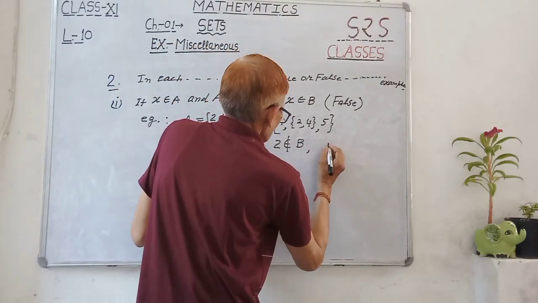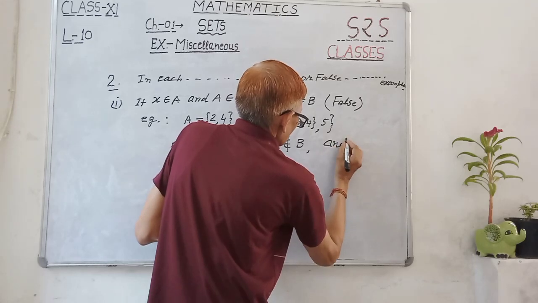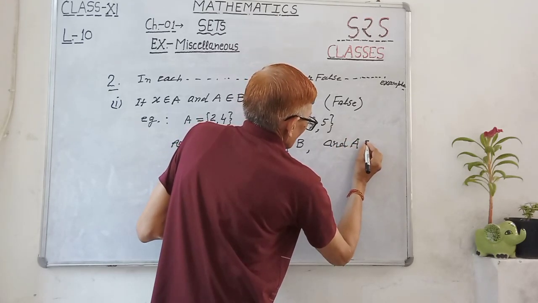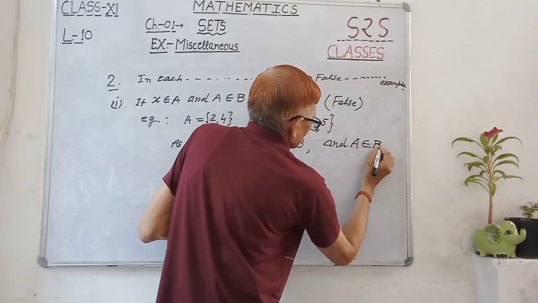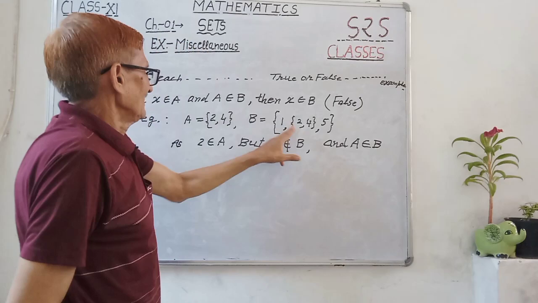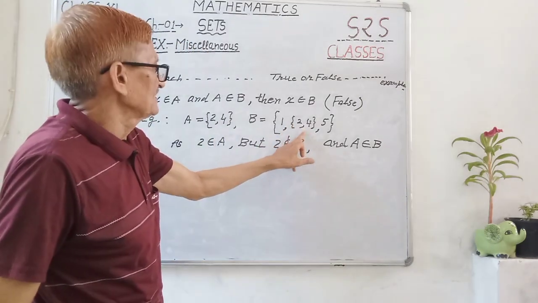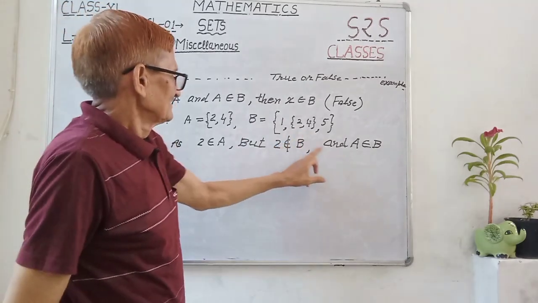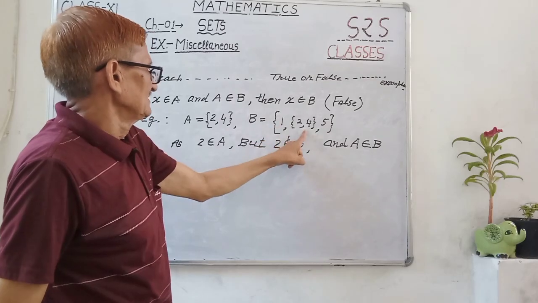But set A belongs to set B. Understand this? Set A is {2, 4}. This {2, 4} is the element of the set B. Set A is the element of set B. See in set B, this example.